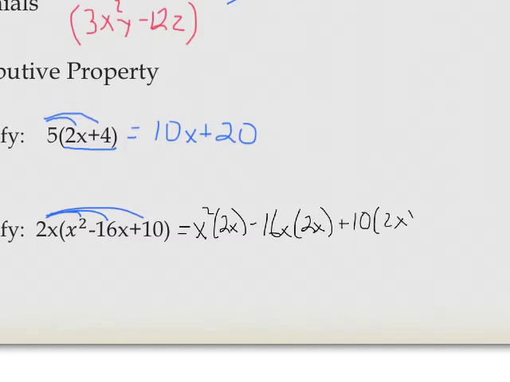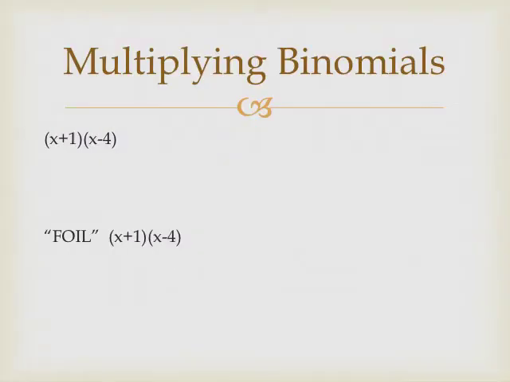So that everything gets multiplied by 2x. Okay? So for that first one, I didn't write out this step. It was only 2 things. I can kind of keep track of that. Once I get to 3, I feel like I have to be a little bit more careful with myself. And now we multiply these. 16 times 2 is 32, so it's minus 32. X times x is x squared. And then 10 times 2x is 10x. Okay? And that's basically distributing for you.